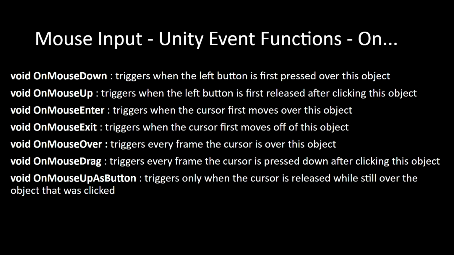So if the cursor is pressed down after clicking the object and it's moved, or on mouse up as button, triggers only when the cursor is released while still over the object that was clicked. So we have all these different permutations, lots of flexibility. Usually just a few simple ones are enough to do it.